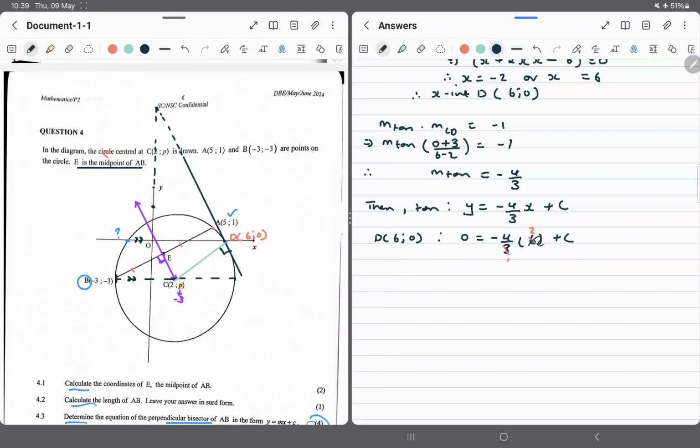So c is going to be, can you see this one? 4 times 2 is -8. That way c is 8. Ah, that's the line.